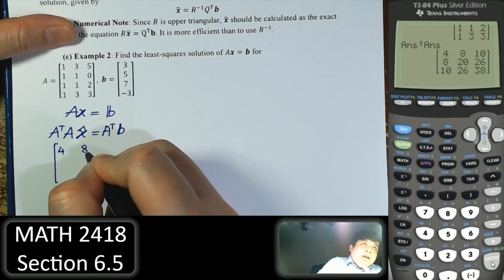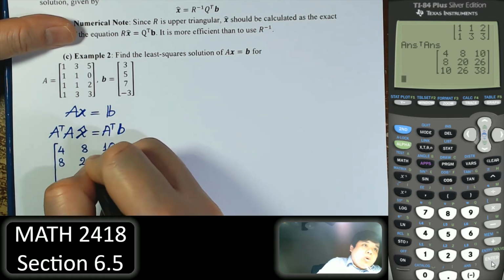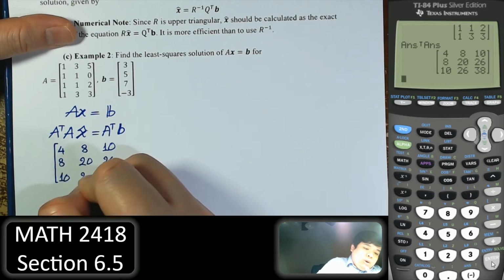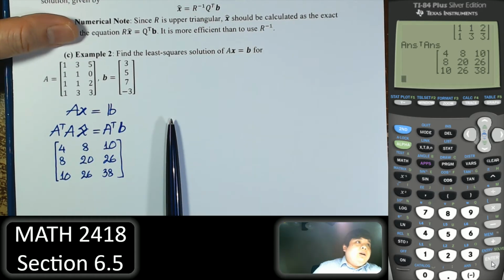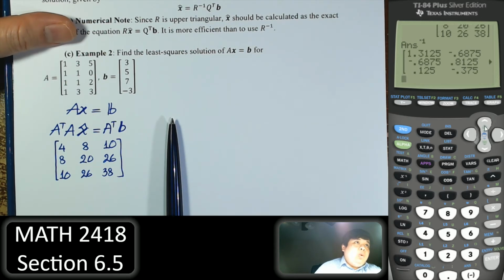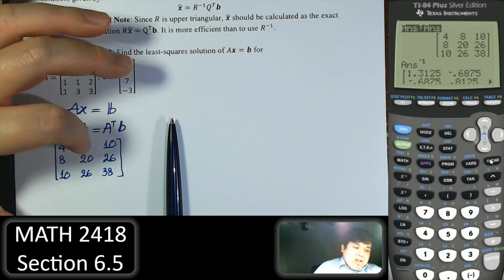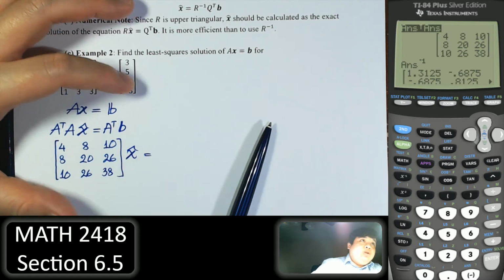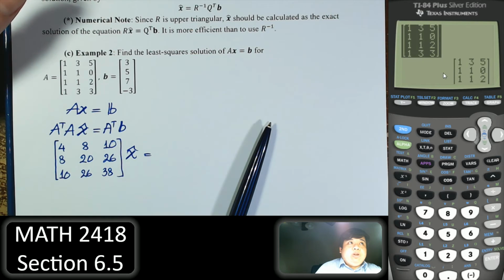4, 8, 10, 8, 20, 26, 10, 26, 38. Does this have an inverse? Oh yeah. For this problem we can use the pseudo inverse, but let's just do this first, and then multiply by x hat equal to A transpose. If we hit A now, that could be a problem. Just go back to the original.